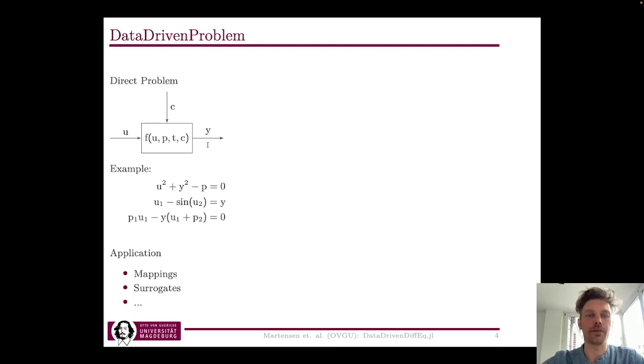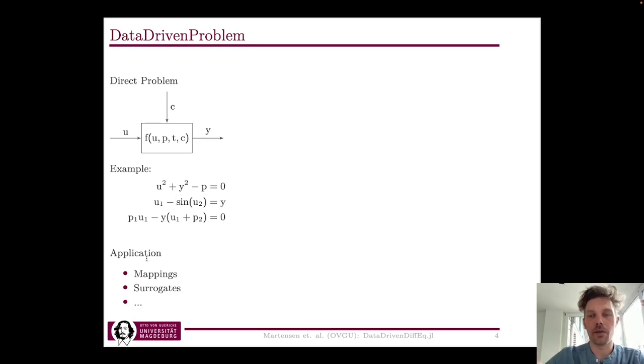Instances of the direct data-driven problem are general mappings, like for example the circle equation, where we have here x squared hidden in the u, we have y squared minus radius squared is equal to 0, or some general nonlinear mapping, or some implicit Michaelis-Menten kinetics or saturating function like here, but without the time dependency.